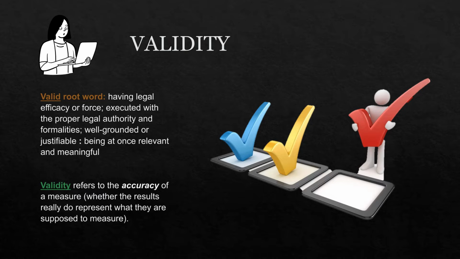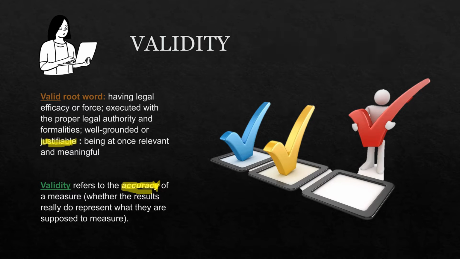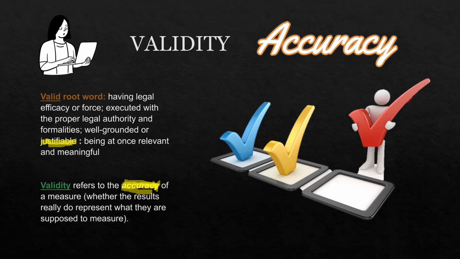Validity refers to the accuracy of a measure, whether the results really do represent what they are supposed to measure. So it means that our research paper or our data is considered valid if it is justifiable and is accurate with what we are about to measure.